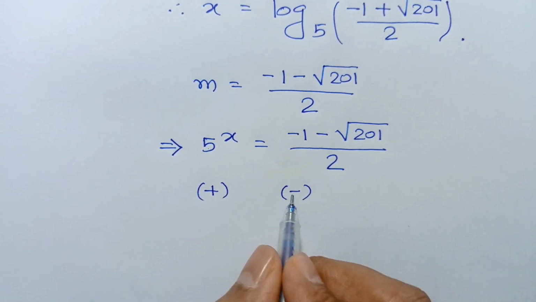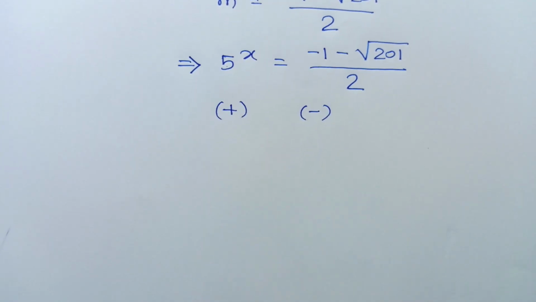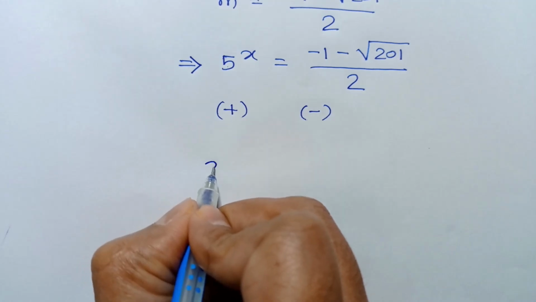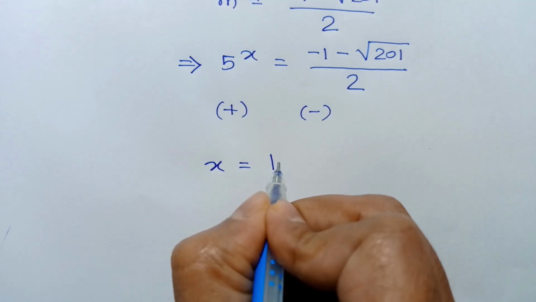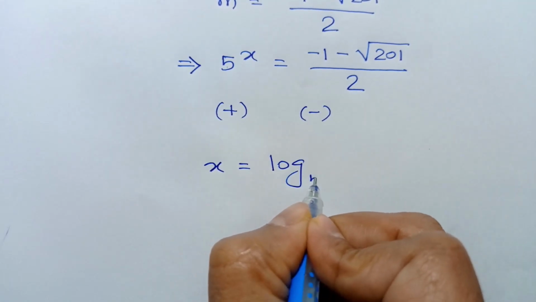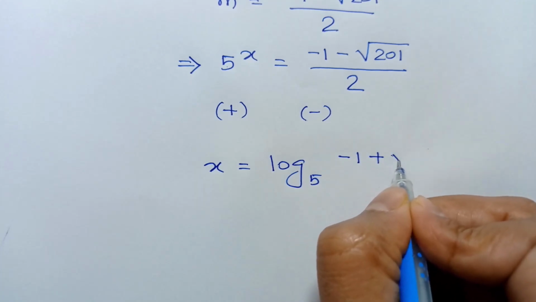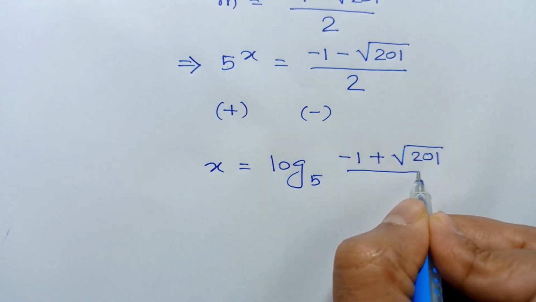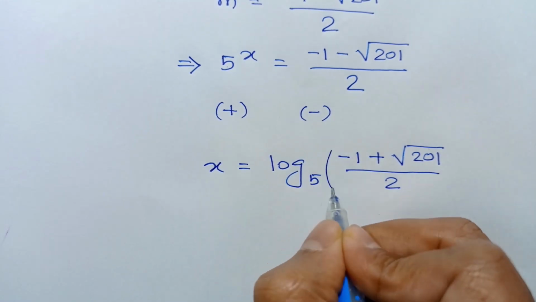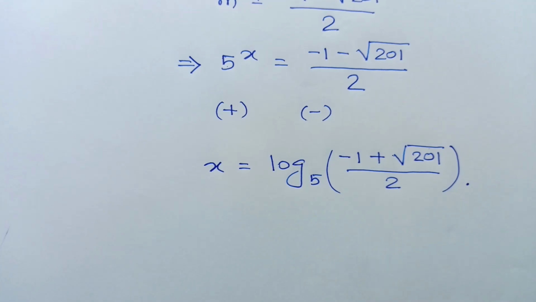So there is no solution for real numbers. So the only real solution for this equation is x is equal to log base 5 of negative 1 plus square root of 201 over 2. So this is the solution of this given equation.